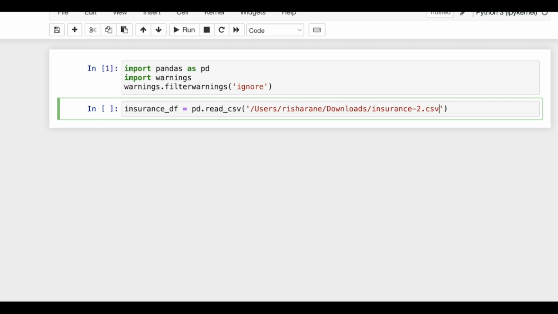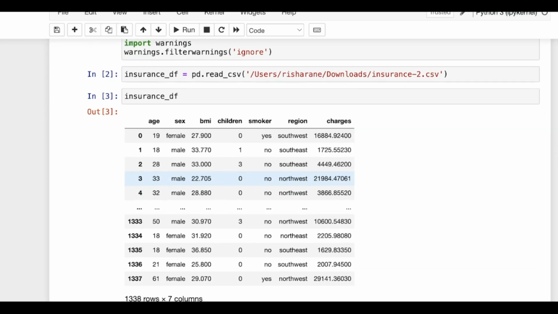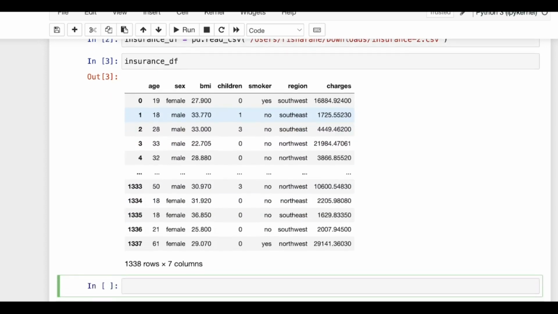This is the path where the CSV file is stored. Let's display it. This is our dataset. You have age, sex, BMI, children, smoker, region, and depending upon all these input features, you have to predict these charges. We'll start with data cleaning.